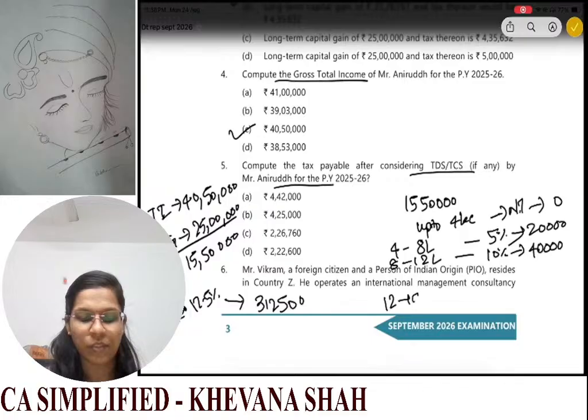Now 12 lakh till 16 lakh we have 15%. So from 16 lakh, you'll reduce 50,000.